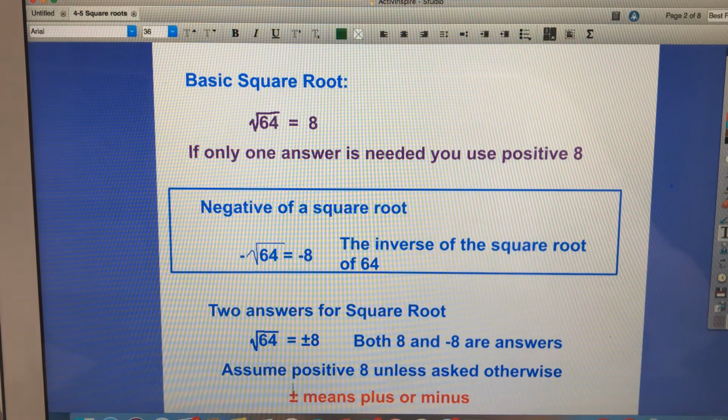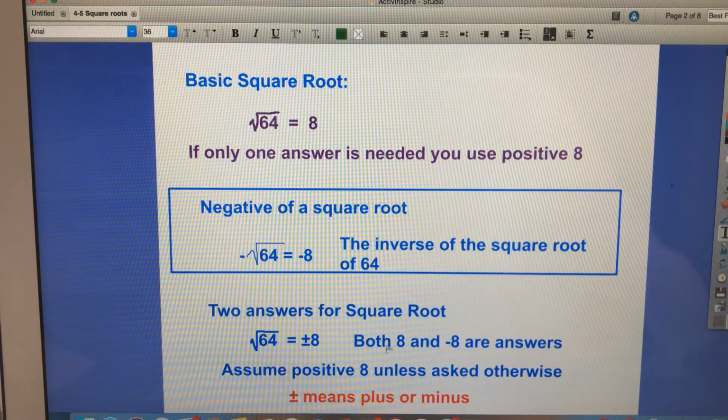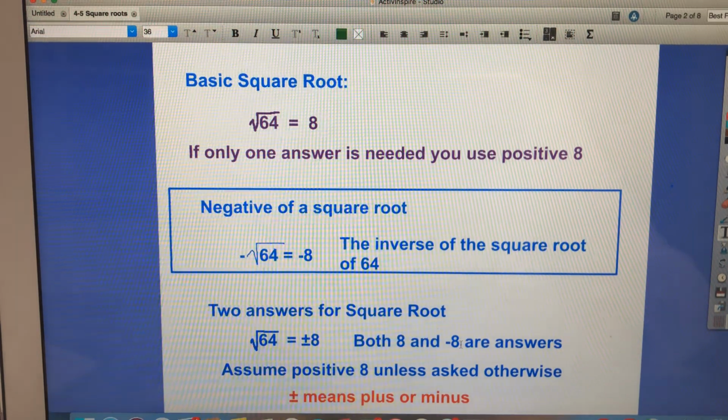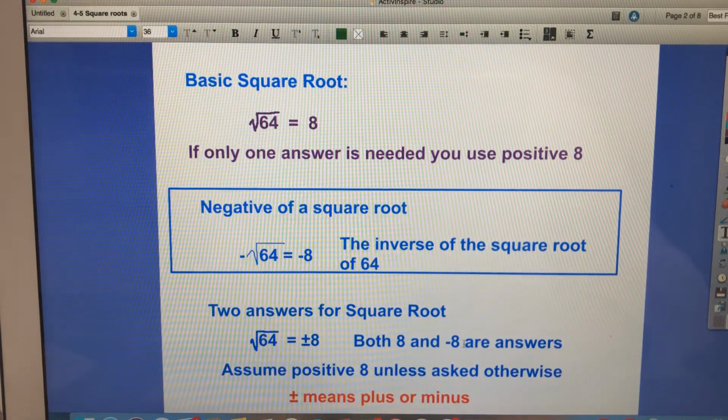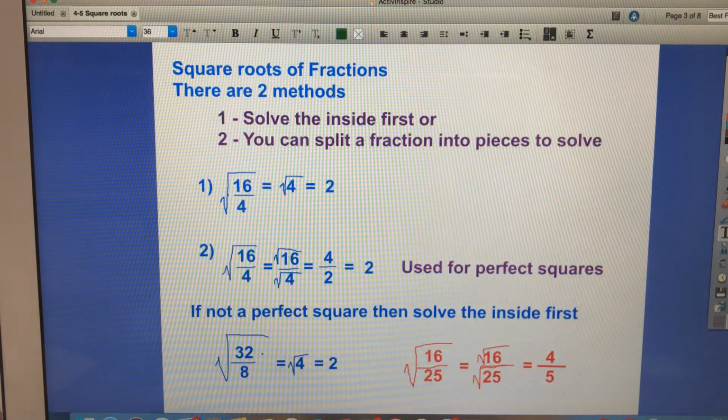That little symbol, plus with the minus sign under it, means plus or minus. Why is this true? Because 8 times 8 is 64, and negative 8 times negative 8 is also positive 64. We learned that when we did our rules of integers with positive and negative numbers.